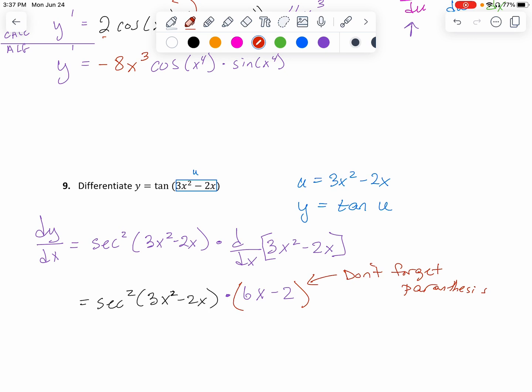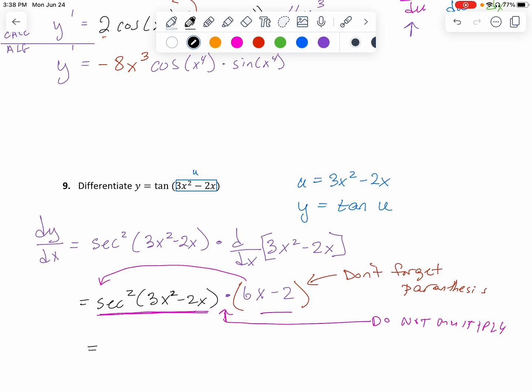What I'd like to do here, it looks really tempting again, just like the one we did a little bit ago. It looks like I want to multiply. This is not multiplication between this and this. That multiplication is between this whole secant thing and that. So do not multiply. This is not two binomials, polynomials. What we can do though is bring this out in front so it doesn't look like it should be multiplication.